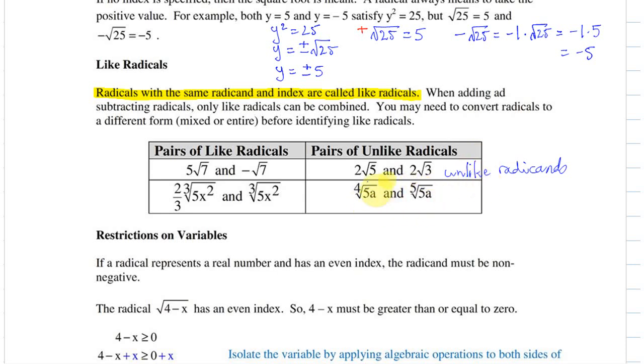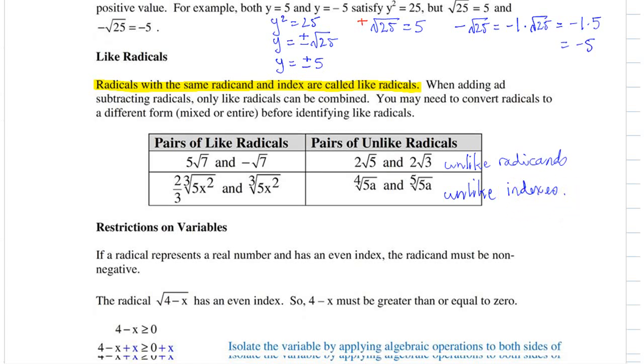The second pair of numbers are unlike because one of them has an index of 4 and the other one has an index of 5. Even though both of their radicands are the same, their indexes are not. So we say they're unlike because they have unlike indexes.